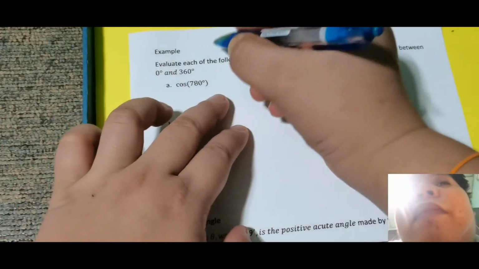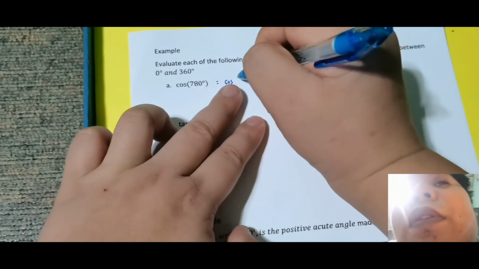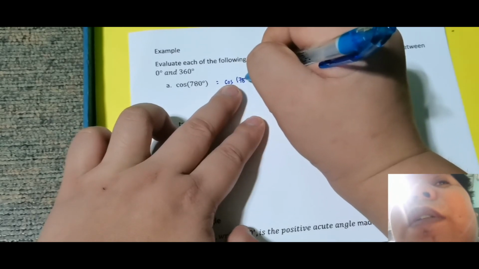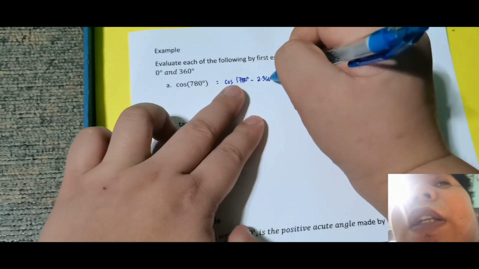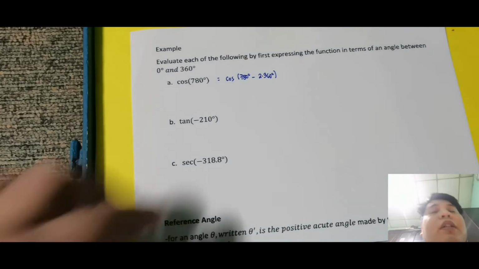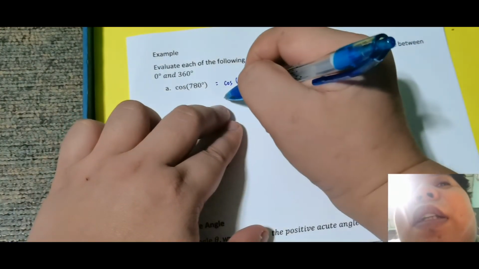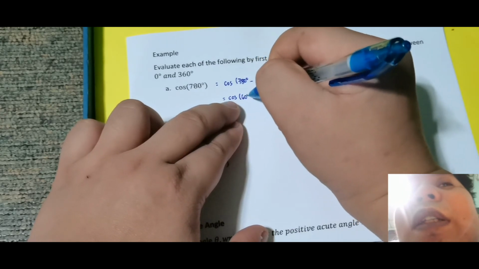So in this case, ito ay equivalent sa cosine ng 780 degrees minus 2 times 360 degrees. So dalawang beses ako magma-minus. So ano mangyayari? This is simply equal sa cosine ng 60 degrees.